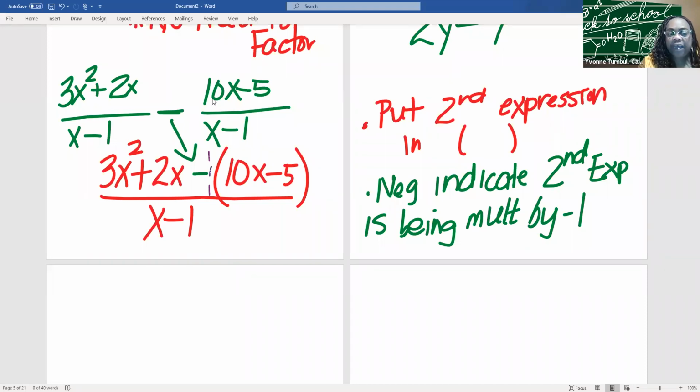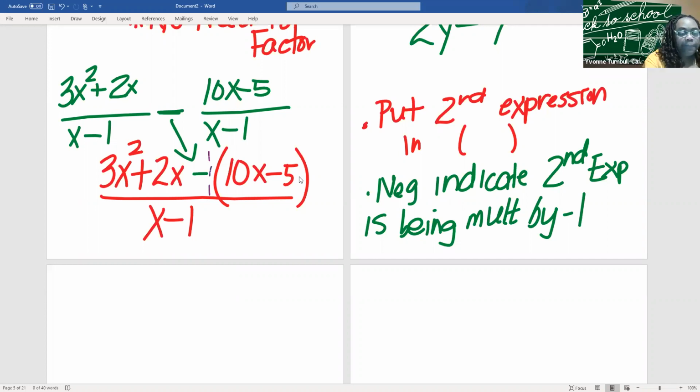Here again, I can't just change a 10 without changing the 5, because an expression is two numbers that are together. It's a quantity, not a quality. So by me putting them in parentheses, that keeps them together, allowing me to see a -1 on the outside of the parentheses. And now it tells me I'm going to distribute or multiply the whole expression by -1. That means that signs inside the parentheses will change to their opposite.